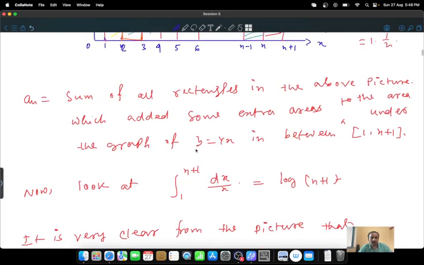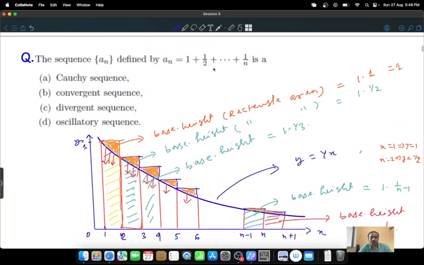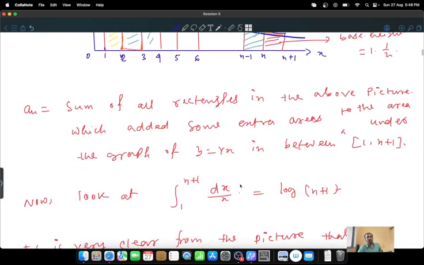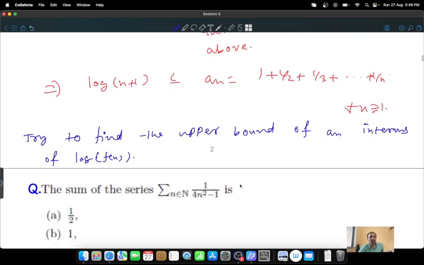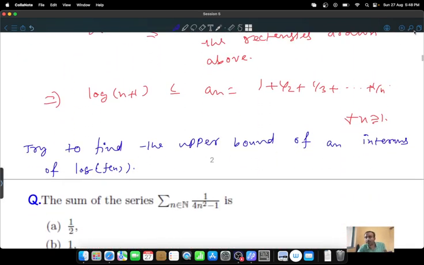You try to find the sum half plus 1/3, 1 by 4, up to n; you do not start from 1, you start from half. At that time you just consider the area below the curve here, here, here, here, and you see. I hope you will be able to do it, but you have to give it some time. That is the point.